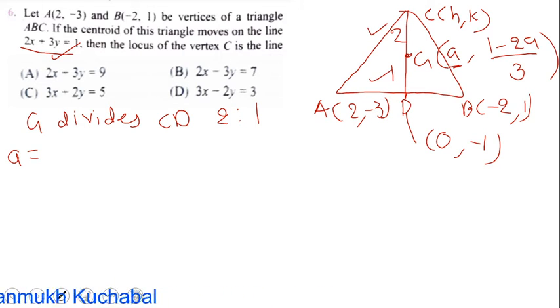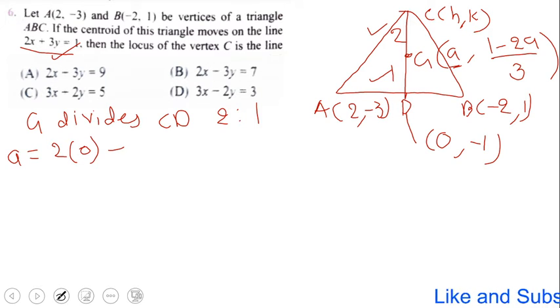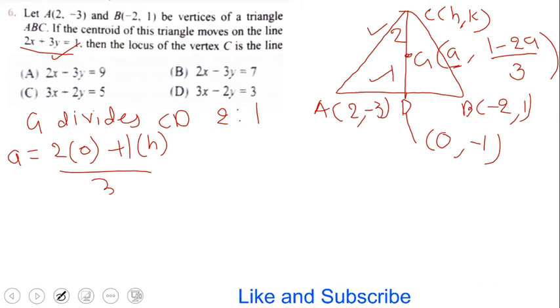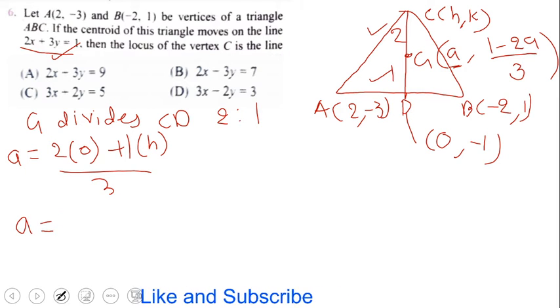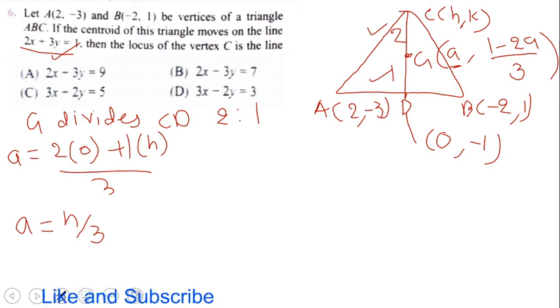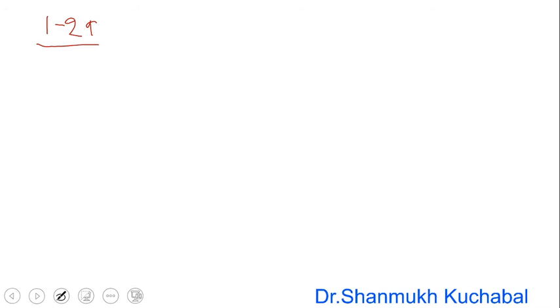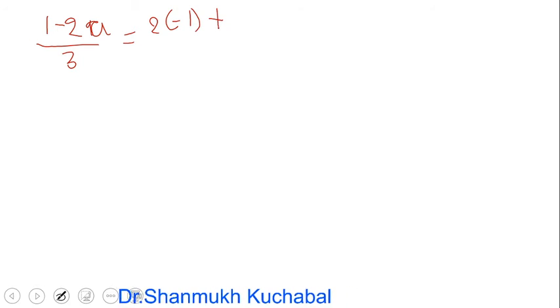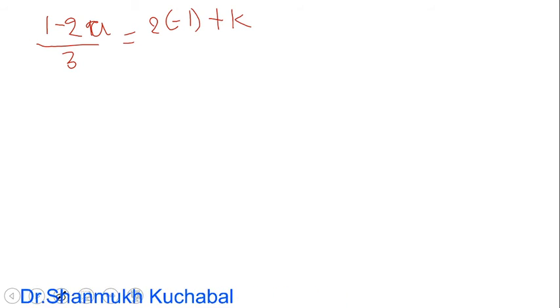Then for both vertices C and D, we take C as x1 y1, D as x2 y2. Using that we get 2 into 0 plus 1 into h divided by 3. So from this solution we get a as h by 3. Then on the other hand, for the y coordinate also, using the internal division formula, we get 1 minus 2a divided by 3 equal to 2 into minus 1 plus 1 into k, that is k, divided by 3.